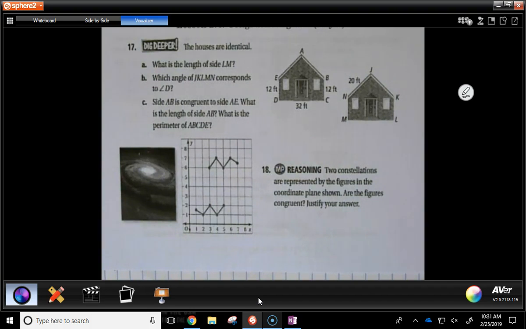Use the 2 pictures to answer A, B, C. On number 18, 2 constellations are represented in the figures in the coordinate plane. Are the figures congruent? It's yes or no, justify. You have to tell me how. It's only 4 questions for your homework tonight. Okay?